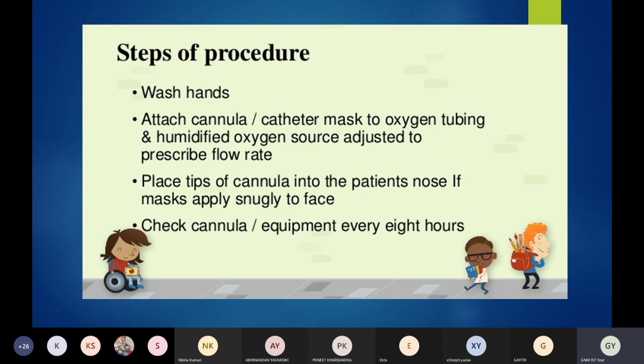Okay, these two things you should cover, and it should cover the chin so that there will be a proper posture. It will be fixed if we cover the chin also. So it should cover the nose, the mouth, and the chin also a little bit. Okay, then check the cannula or check the equipment every 8 hours.